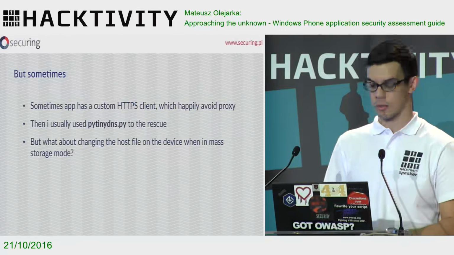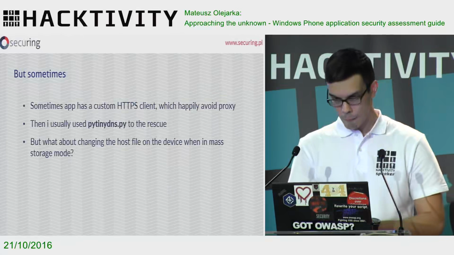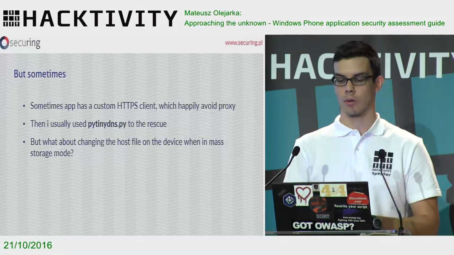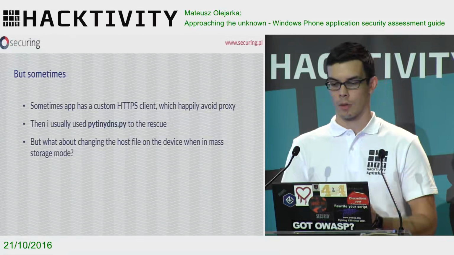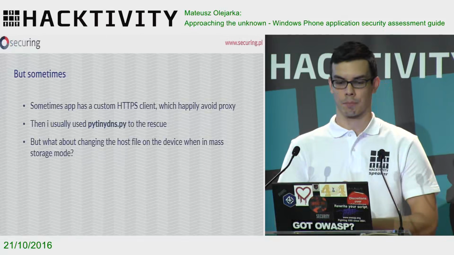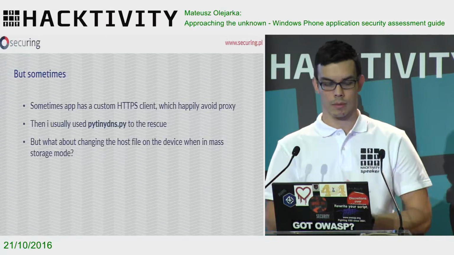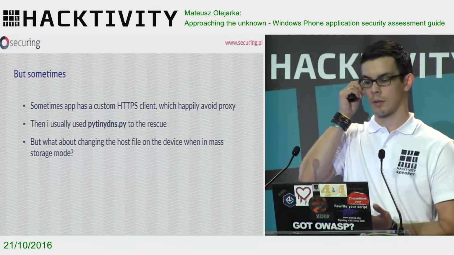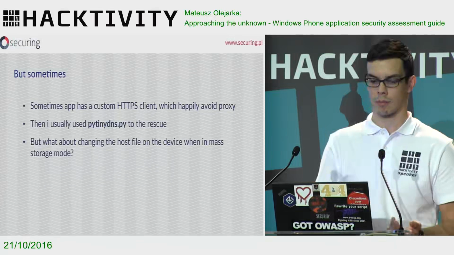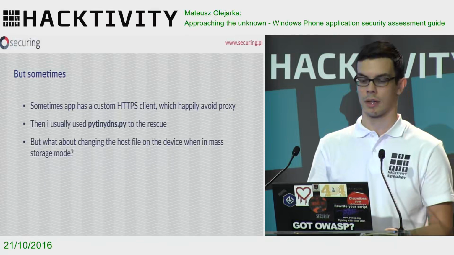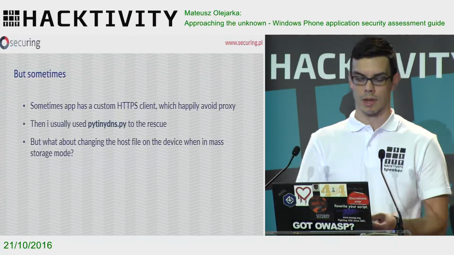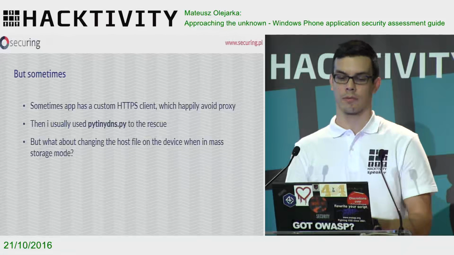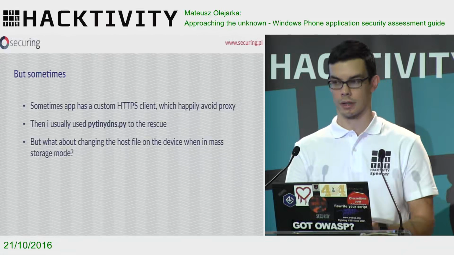Sometimes applications use custom HTTP clients or external libraries, which happily avoid this proxy setup. For that I usually used the ptinydns.py Python script to set up a local DNS server on Windows, which for a specific target domain redirects to my interface, and Burp will handle that.